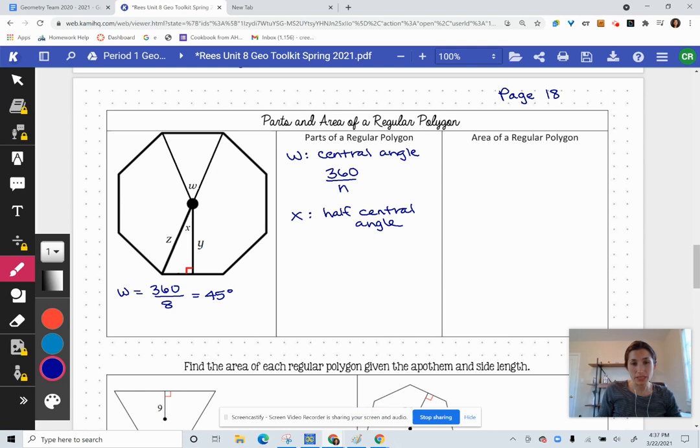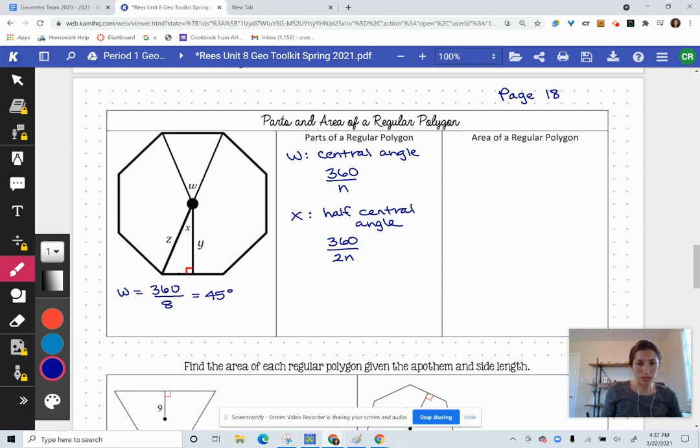And again, we take 360 because if you imagine a full rotation, a full circle, that would be 360 degrees. So this time it's essentially going to be half of whatever our entire central angle is. So it's 360 divided by 2n, twice the number of sides we have, because we can fit 2 of those half central angles on every side.